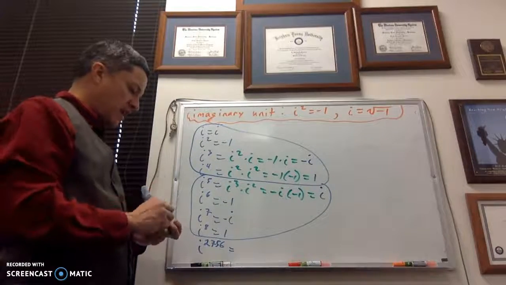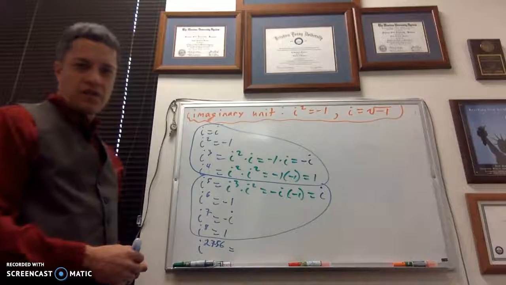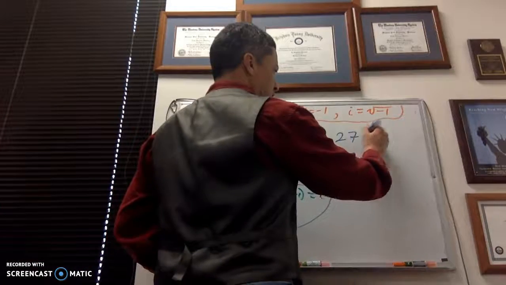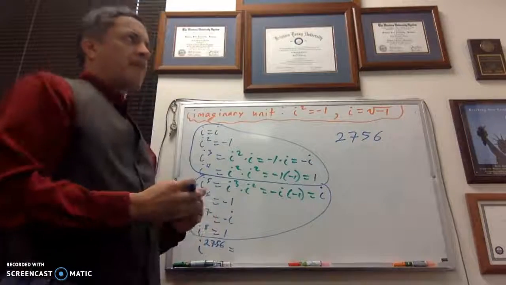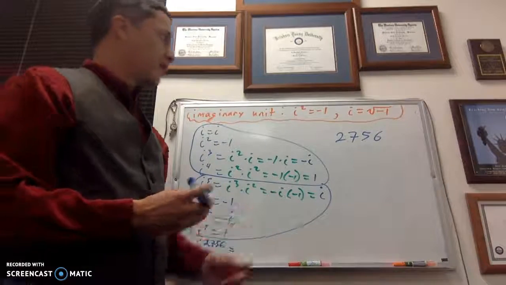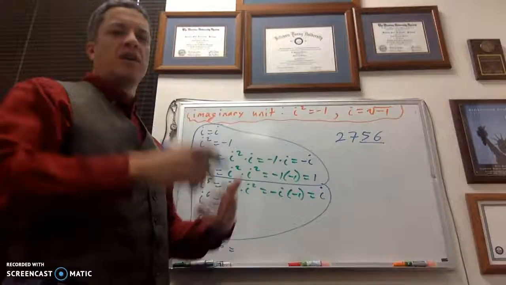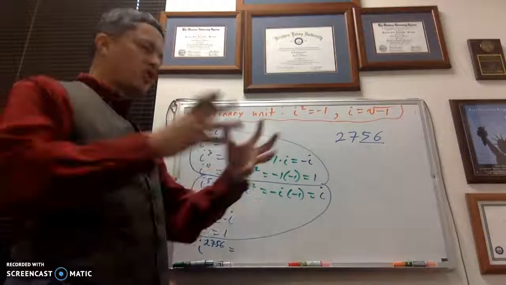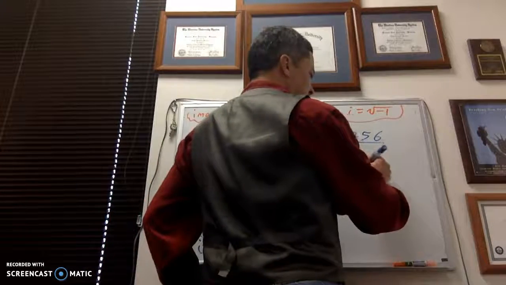But what happens if you've got i to some really big number, like in this case, i to the 2,756? Ooh, that's big. Well, a couple things here. If you remember your divisibility rule for 4, your last two digits, if they're divisible by 4, then the big number is divisible by 4. So really, if you have a giant number like this, just look at the last two digits, divide that by 4, and look at the remainder.